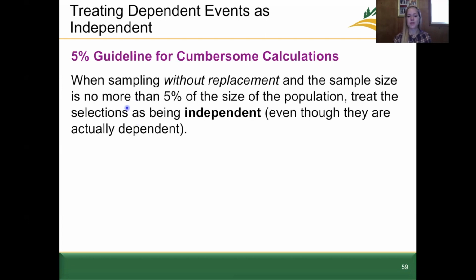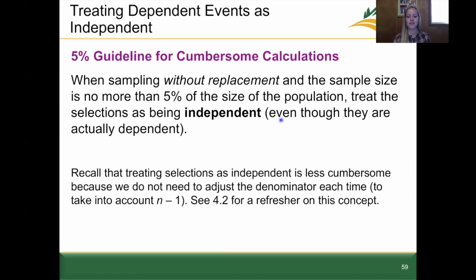When we're sampling without replacement, so we take one person out of the mix and we don't put them back in before surveying the next person, and the sample size is no more than 5% of the size of the population, we can actually treat those selections as independent, as if we are sampling with replacement. Even though in actuality they are dependent on one another, it becomes more cumbersome to have to calculate.